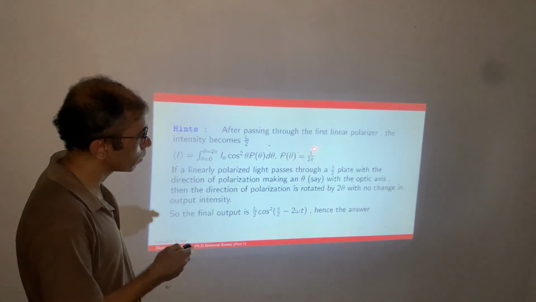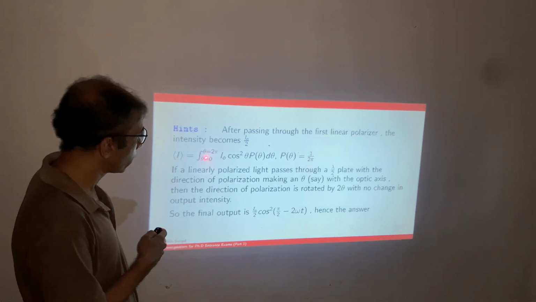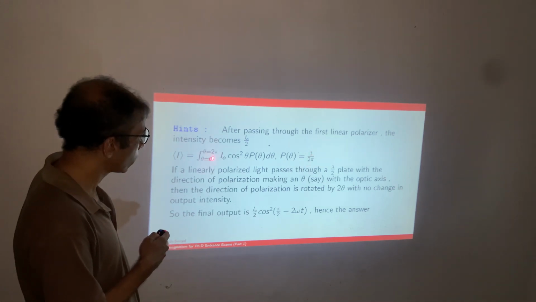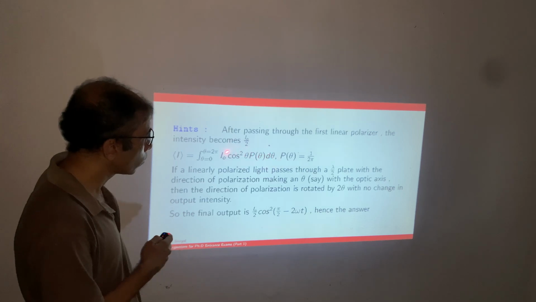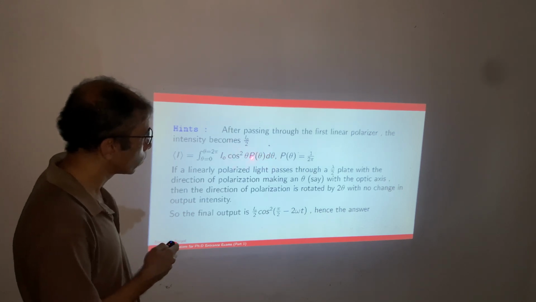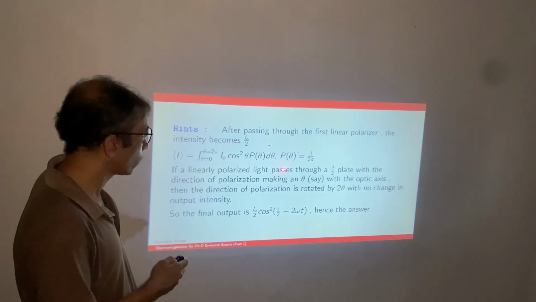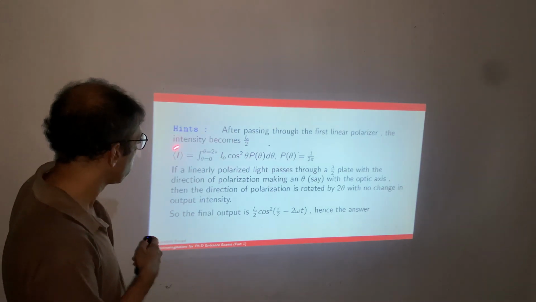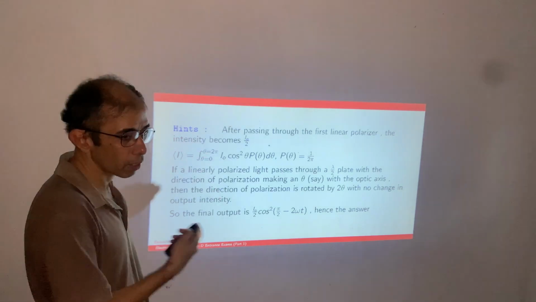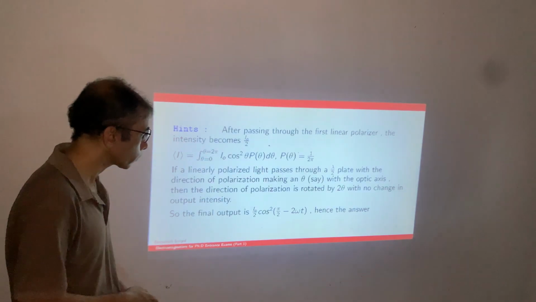Then you do this integration, which is very easy, and what you get is half. So this is the average intensity that comes out of the first polarizer.